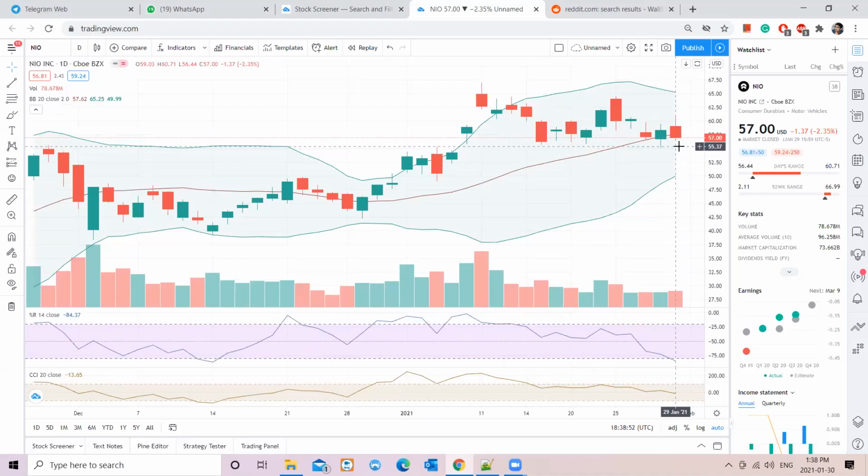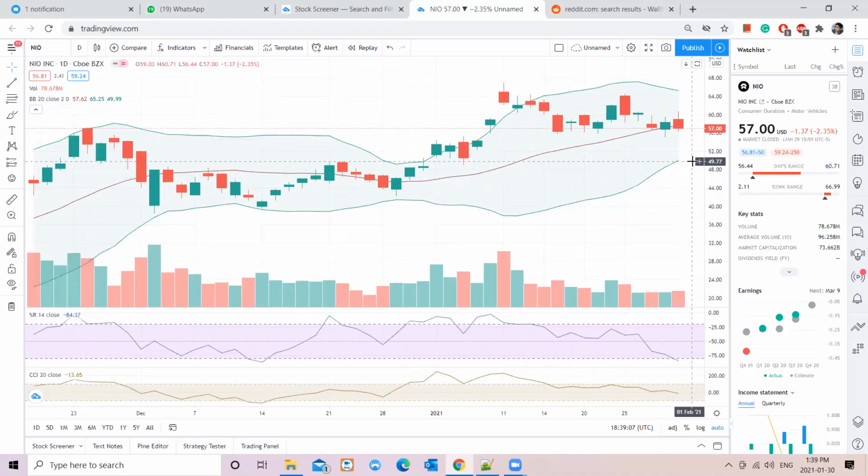I'm expecting a further drop even for NIO, and a buy price around $50, the support, the resistance that it had previously, and I think we had discussed that before as well.